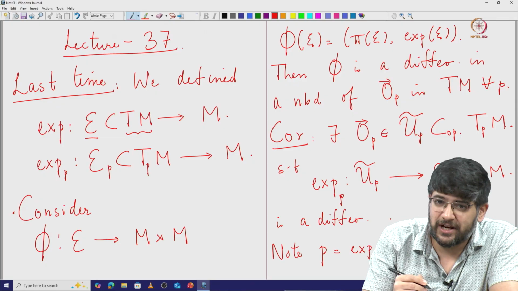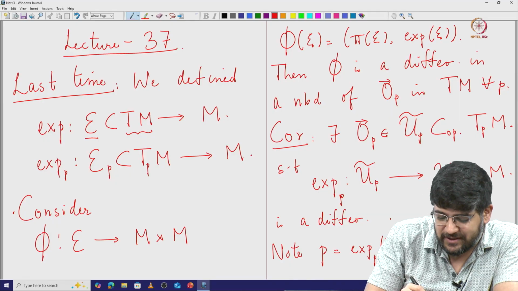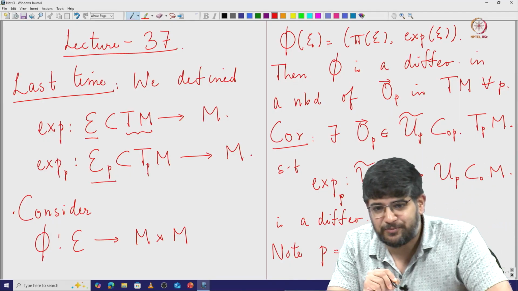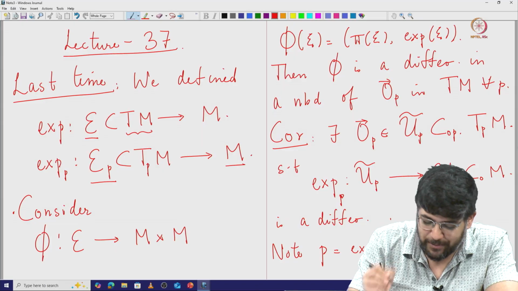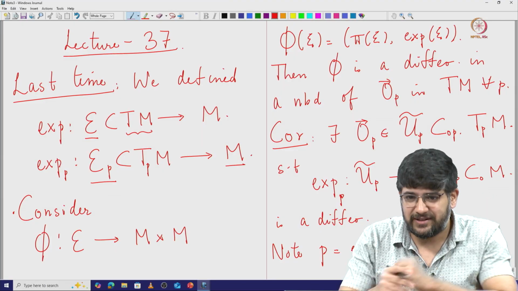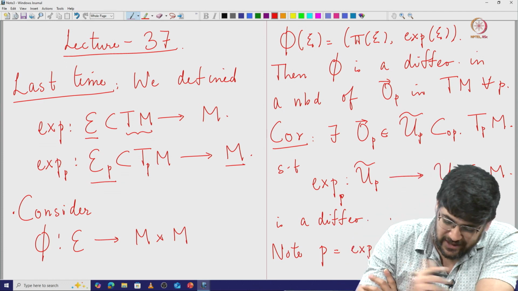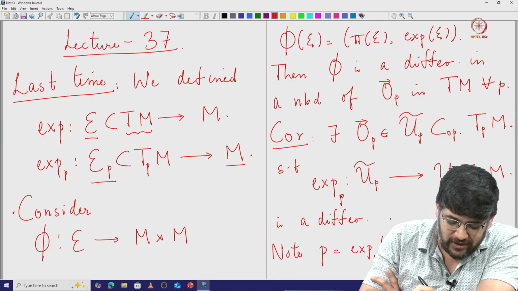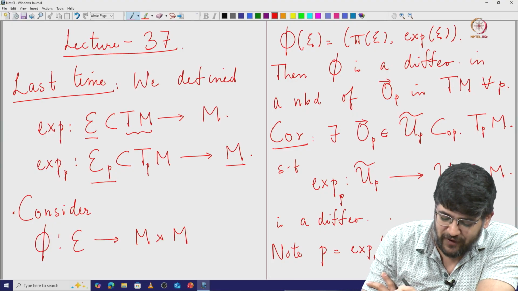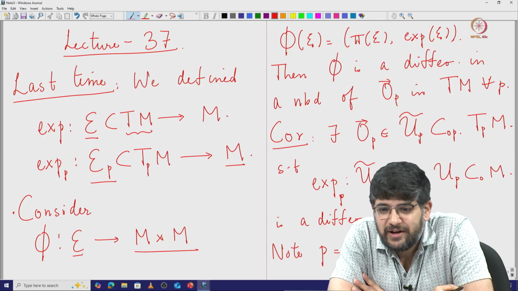Then one can also localize at a point P and we get the exponential map at P, which is a map from a domain inside the tangent space to M at P to M itself. And then we ended the lecture with a key proposition, which was the following. Let us consider the map capital phi from the domain of the exponential map to the product of the manifold.